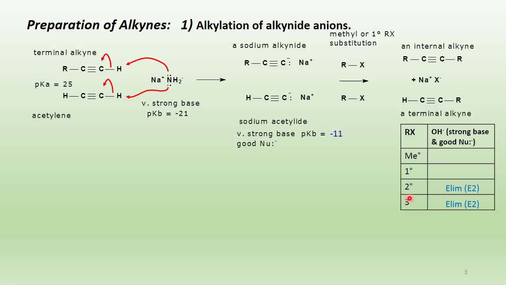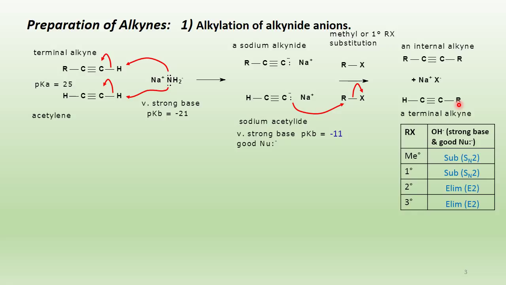But in the case of a methyl or primary alkyl halide, substitution occurs. And that's what we're going to carry out here. If we react our strong base alkynide anions with methyl or primary alkyl halides, we will get a substitution reaction in which the halogen is replaced by the alkynide, so we've added an alkyl group and made a longer alkyne.